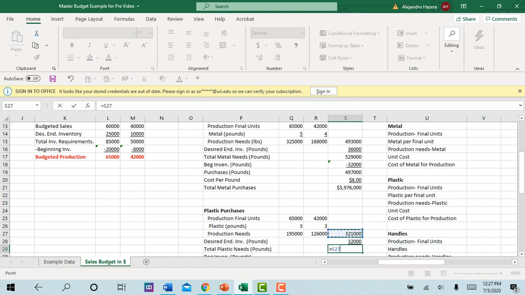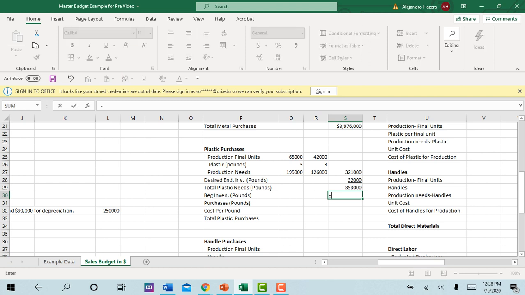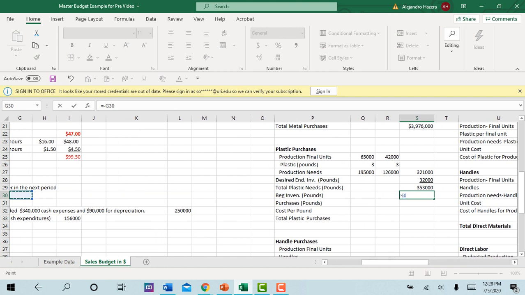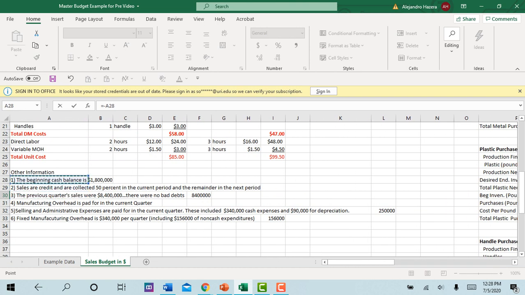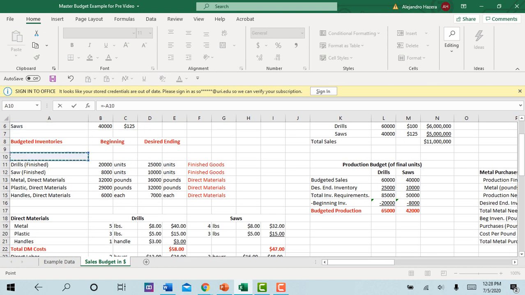So our total plastic needs is to cover both the production and our desired inventory. Ending inventory is 32,000. If we subtract out our beginning inventory of plastic, which should be 29,000, I believe. There's our beginning inventory of plastic.